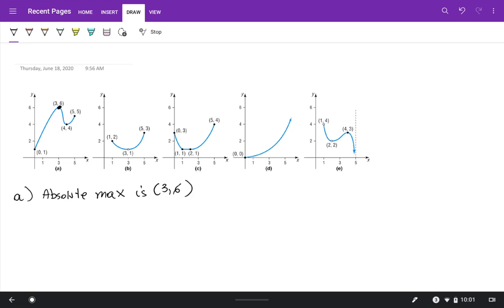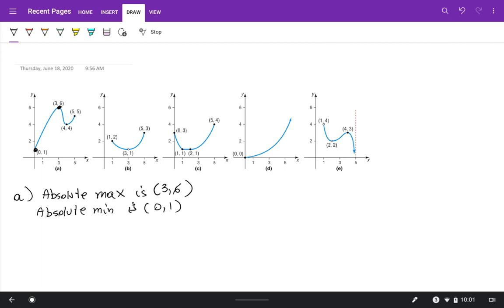If they ask you for the y value, what is the absolute maximum, and you only have to answer using one coordinate, you would just say y equals 6, because that is the height of the graph. Now the absolute minimum is at the lowest point on the graph, right here: (0, 1).